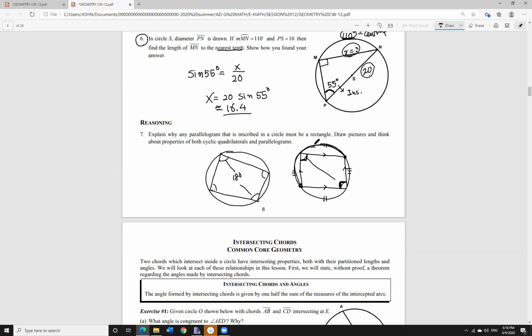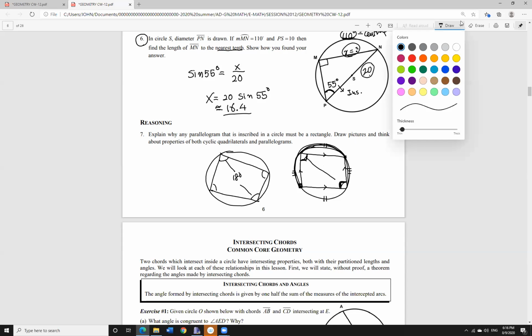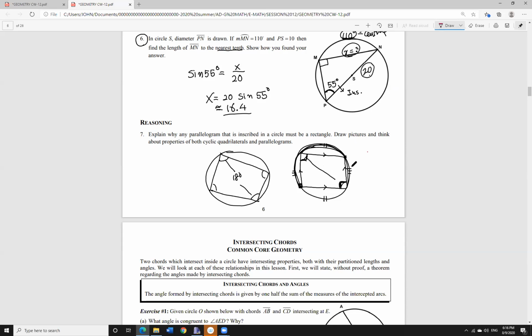Just explain. In a parallelogram, this length is the same as that length, because they are parallel. Just before, I told you, with two parallel lines, opposite lengths are always equal.